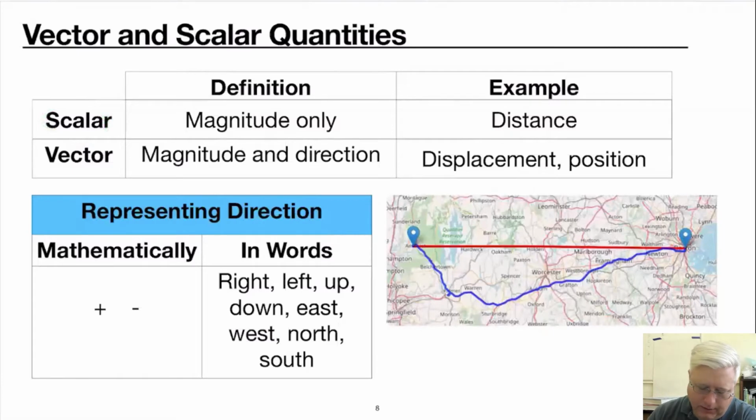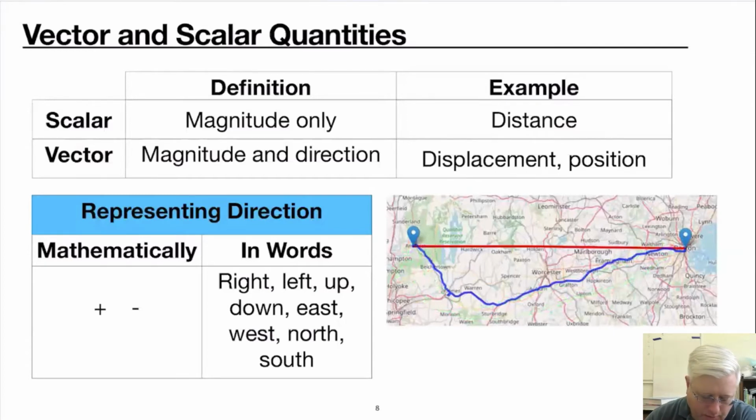For instance, distance is an example of a scalar quantity, because if you're going to drive from UMass to Boston, that distance is 94.2 miles. It only has an amount, a magnitude. So 94.2 miles to get there, or 94.2 miles to get back. We didn't specify anything with respect to anything else, just the amount.